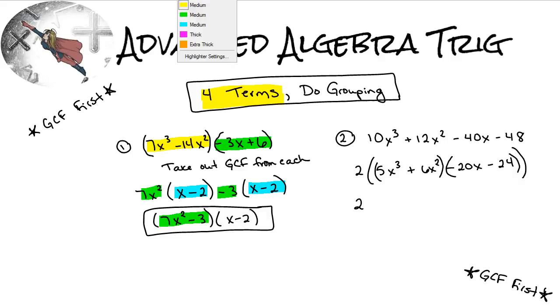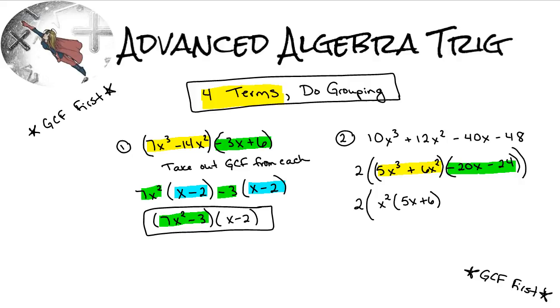Okay, so the first thing is I'm going to take a GCF out of that part. And the GCF of that would be x squared. I'm putting a big parenthesis there to separate the 2. So x squared factored out would leave you with 5x plus 6. Then in the next parenthesis right here, we can evenly divide out negative 4, which leaves you with positive 5x plus 6.